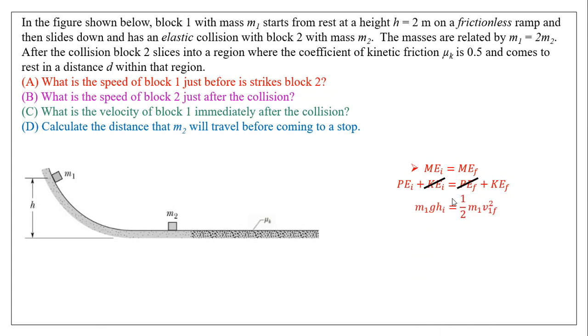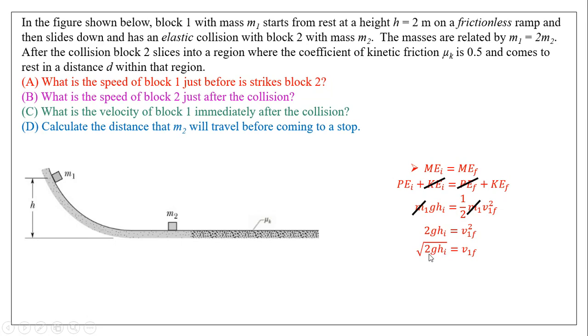Okay, so I'm just going to break up PI equals MGH, and then KE is just 1/2 MV squared. But you notice here we're looking at M1, so I have a subscript M1 on both sides, but M1 is going to cancel anyways. So to get V1F squared by itself, I have to multiply both sides by 2. So I'm going to go ahead and move this 2 in the denominator to the top left. And keep in mind this is V1F squared. So therefore, to get V1F by itself, you got to square root both sides.